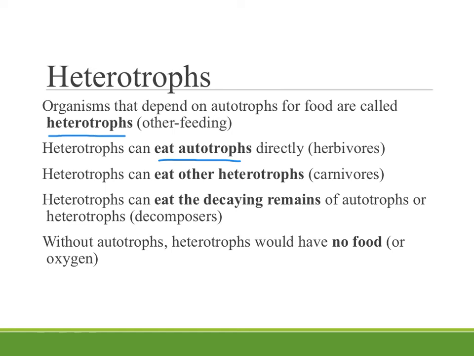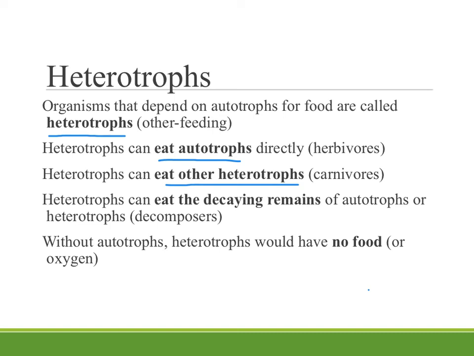Heterotrophs can also eat other heterotrophs that have eaten autotrophs. So carnivores, which are eating grass-eating animals, like a lion going after a wildebeest in the savannah, and the wildebeest is eating the grass. So you're getting the food that's been made by the autotroph passing through a heterotroph and into another heterotroph.